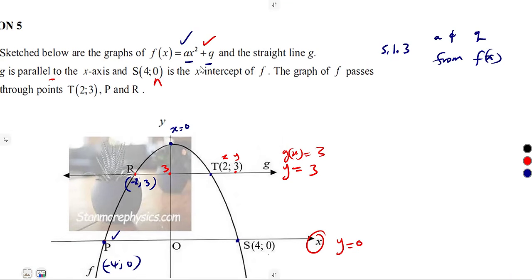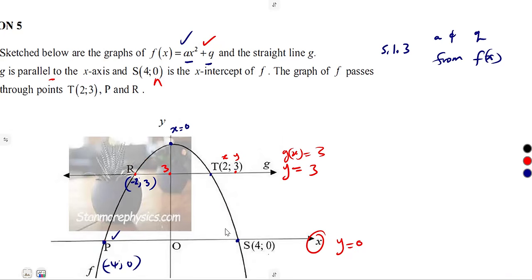We do not have the turning point, just like other questions. Here, the best way to answer this question is by substituting any 2 points which lie on the graph of our f of x.